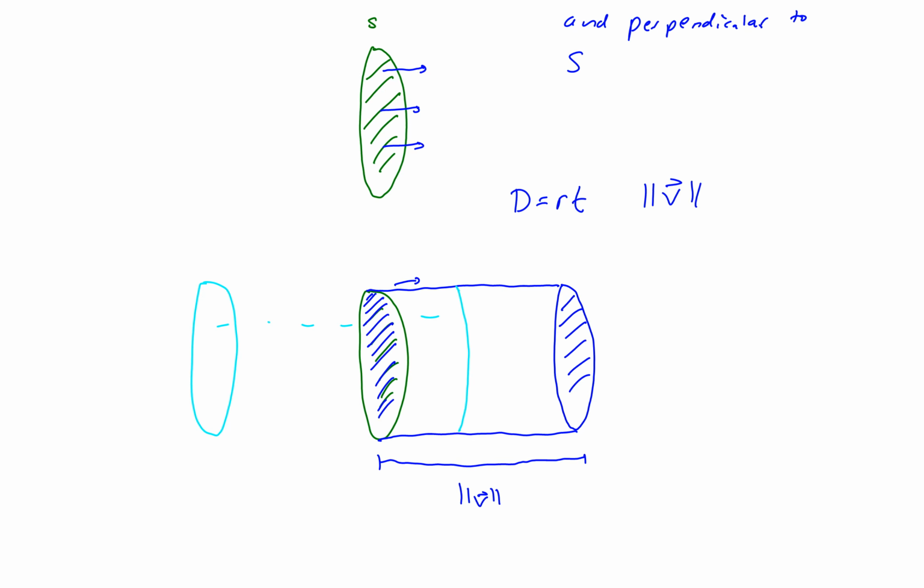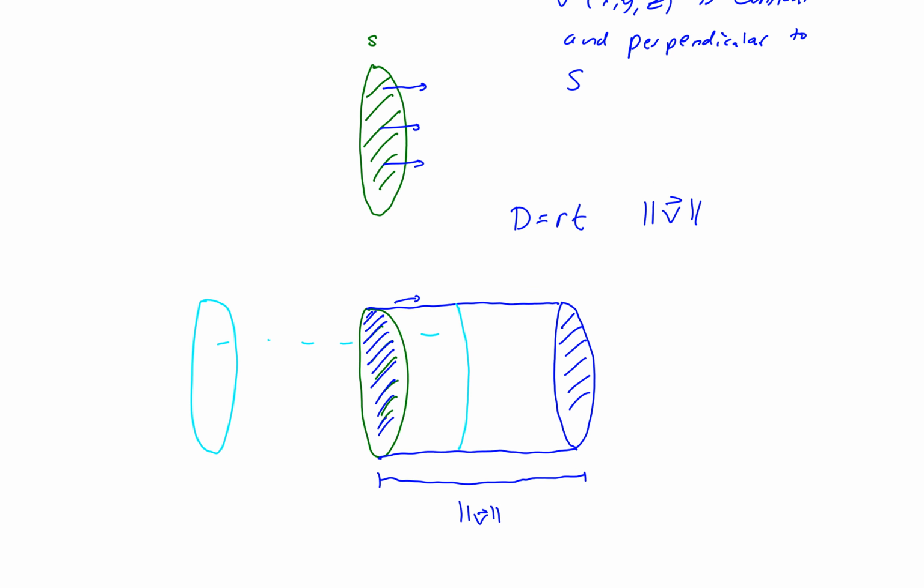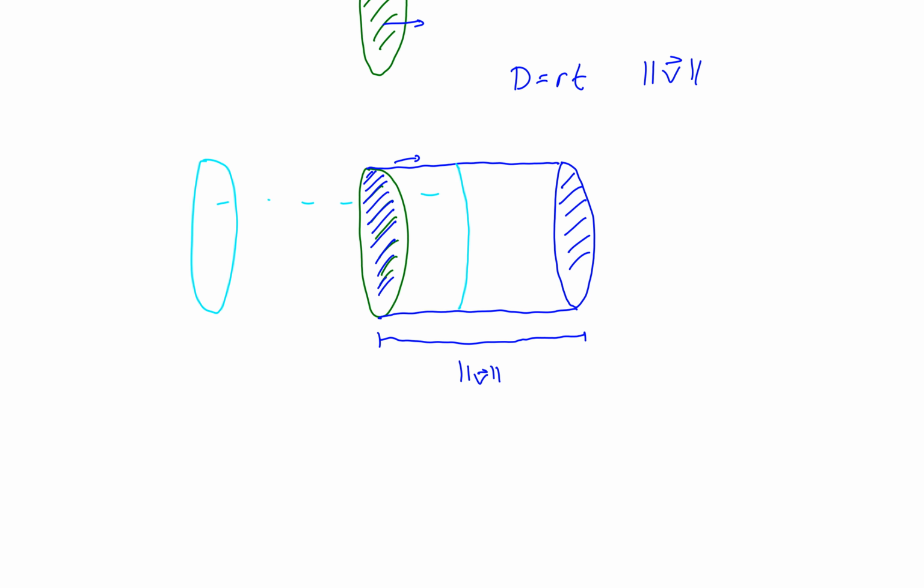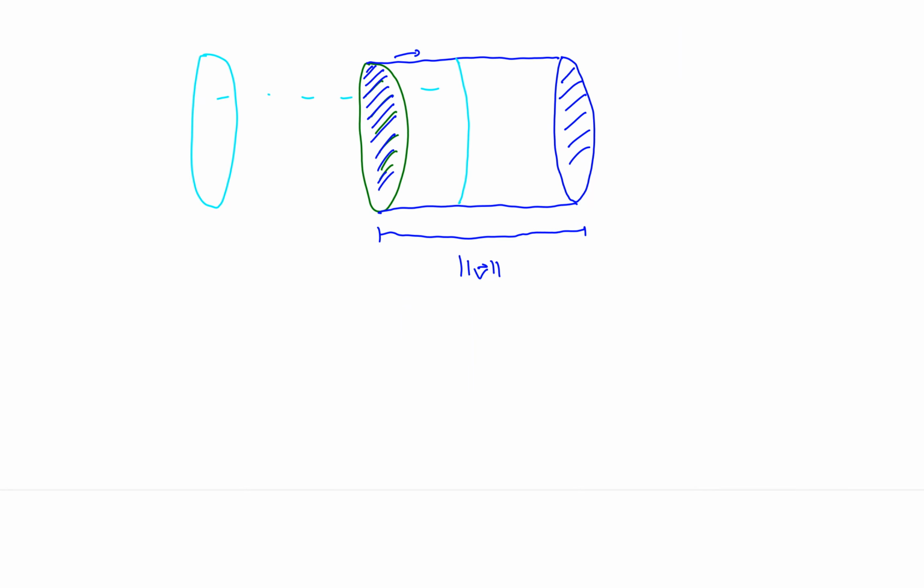So if we look at how much water has actually flowed through our surface in this time, well, the distance there is magnitude of v. So this region has volume, well, it's magnitude of v, and then the area of that surface.